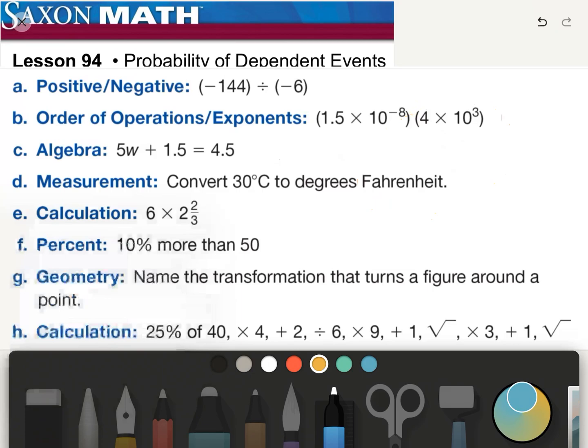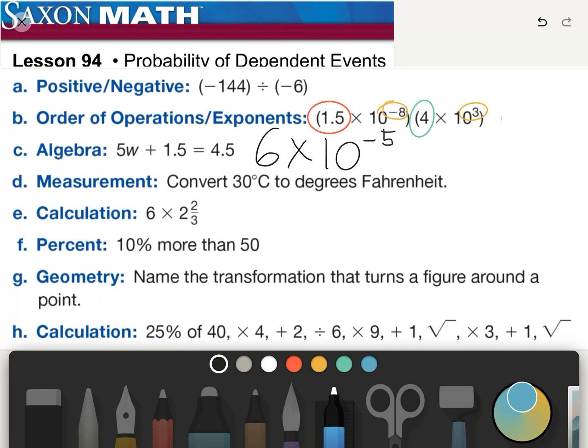Order of operations and exponents. This is also pretty simple mentally, because I know that 1 5/10 is really like 1 1/2, and half of 4 is 2, so it's really 4 plus 2, which is 6 times 10 to the negative 8th power plus positive 3rd power will get us negative 5.